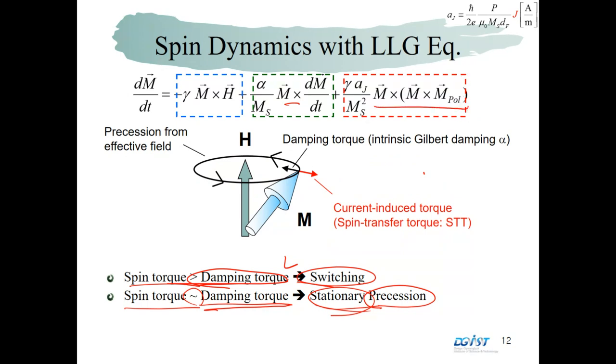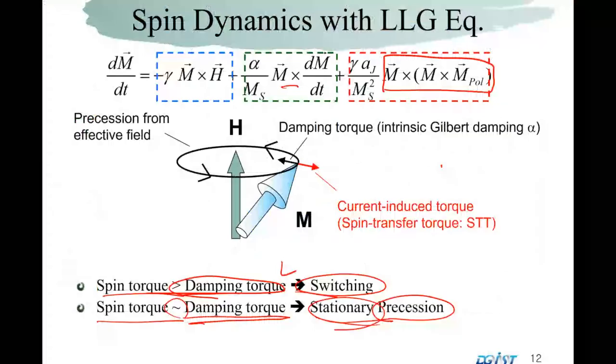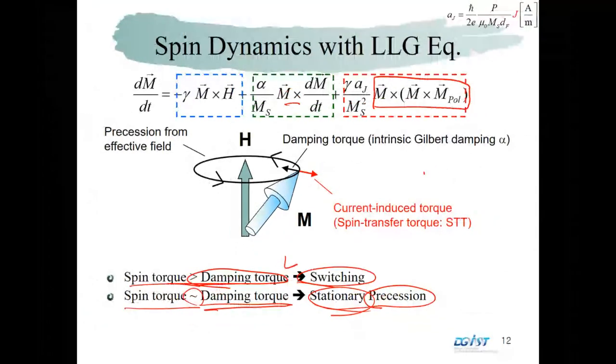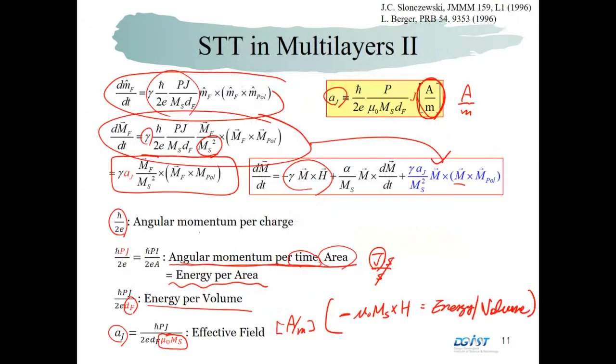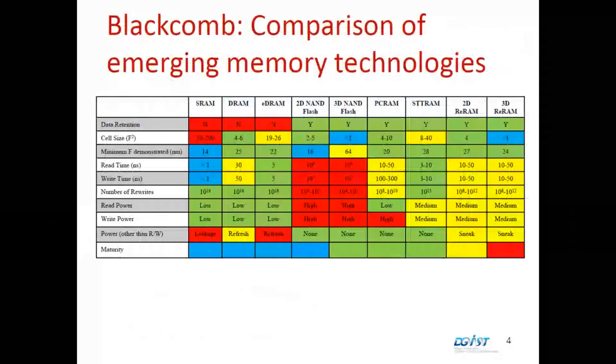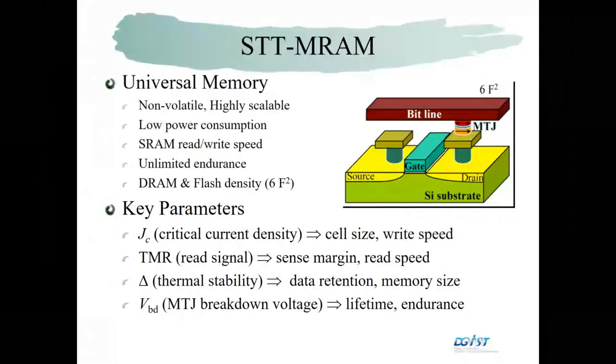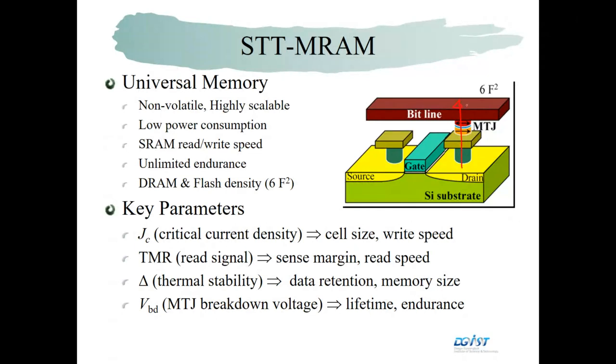This torque term actually goes in this direction or this direction depending on the sign of the current. It means if you're sending current, as I said, we can send current in this direction or this direction.